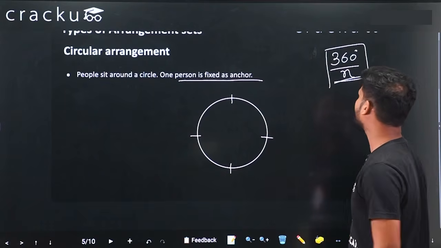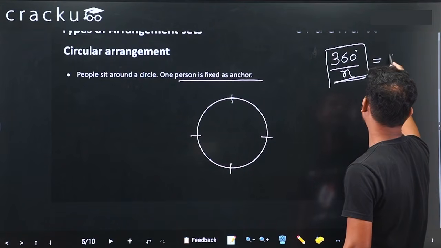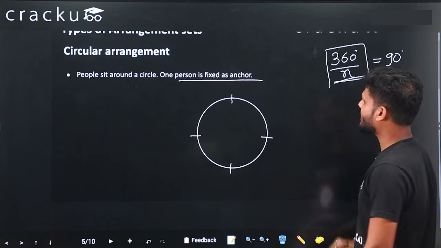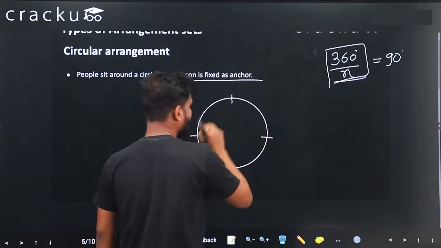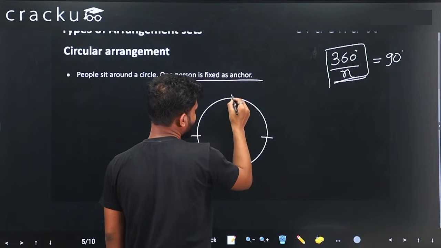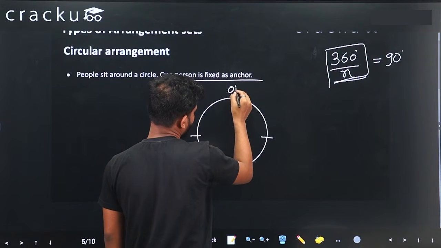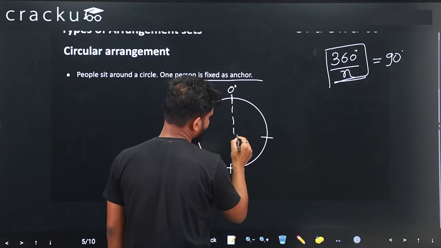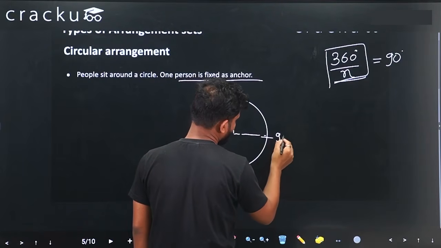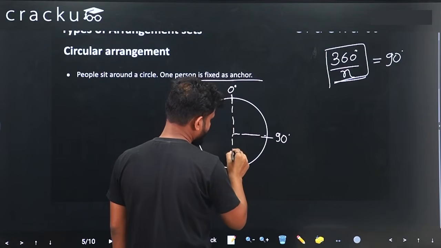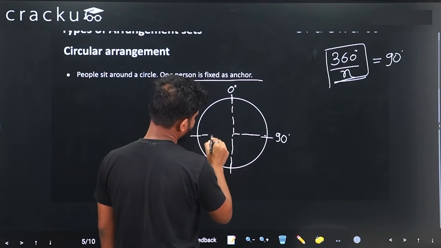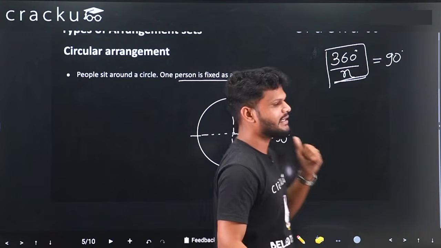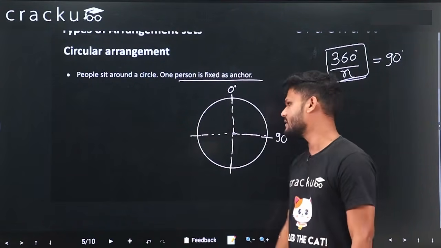So for 4 people I can say it will be equal to 90 degrees. So for each 90 degrees from this anchor, one person will sit. So if this is 0 degrees, then this is 90 degrees. Then this is also plus 90 degrees. This is also plus 90 degrees. So we divided this circle in 4 equal parts.